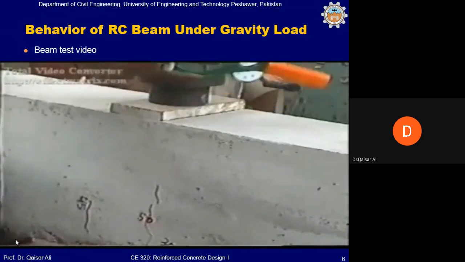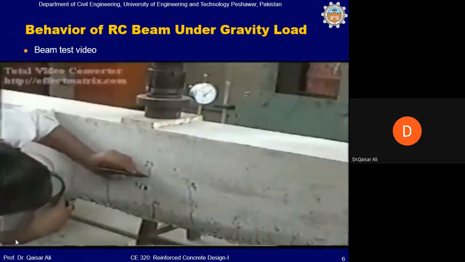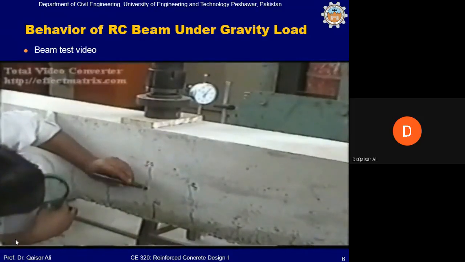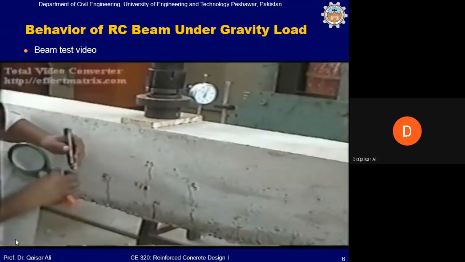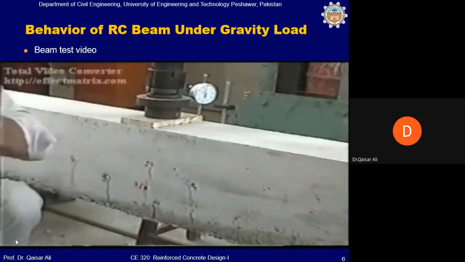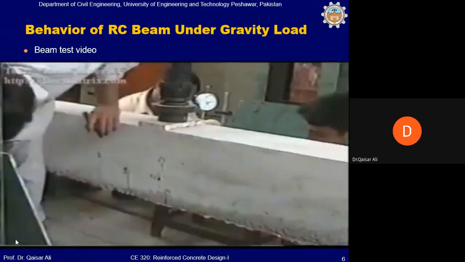The bending means that the relationship between the load and deflection is no more linear.